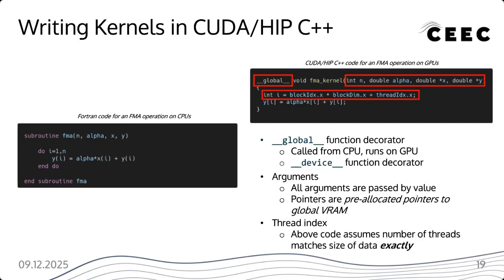The GPU has created an n number of threads for us and is going to run this kernel function n number of times, and each instance of that kernel will be independent of all other instances. So to determine our array index, we have to calculate a thread index, and we use that thread index as our array index, okay?